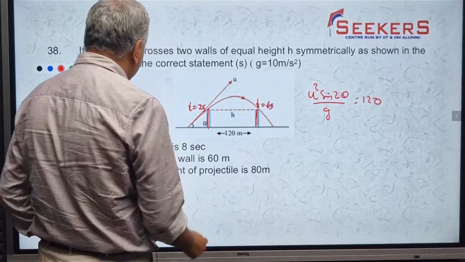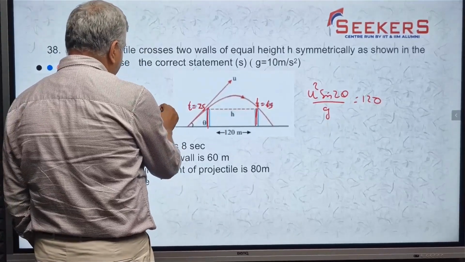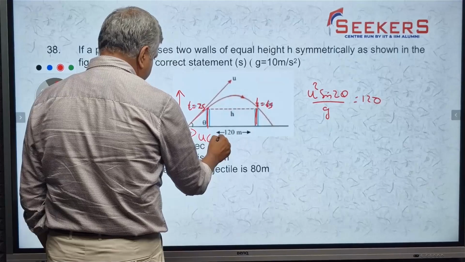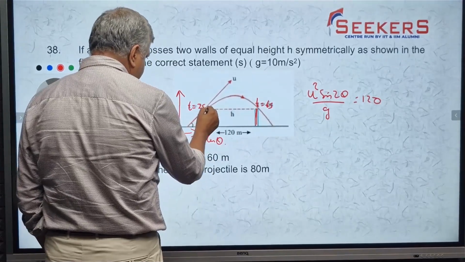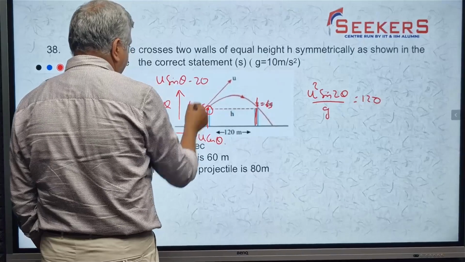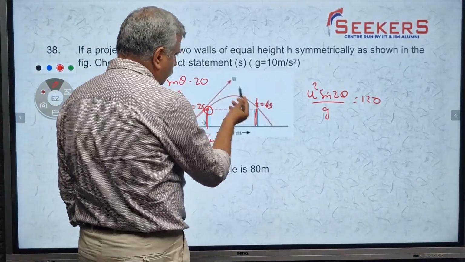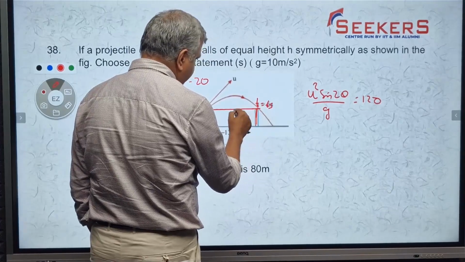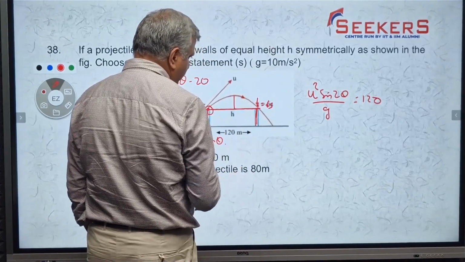Okay, so no problem. So here it is u sine theta, vertical velocity, and this will be u cos theta. So this velocity at this particular point will be u sine theta minus 20. Now I know the time taken to go up is equal to time taken to come down. So if it has reached here in 6 seconds, it would have gone up for 3 and come down for 3.